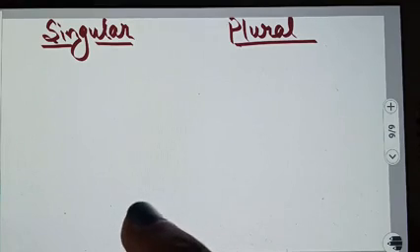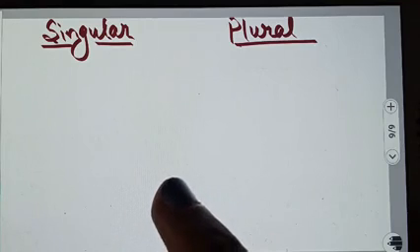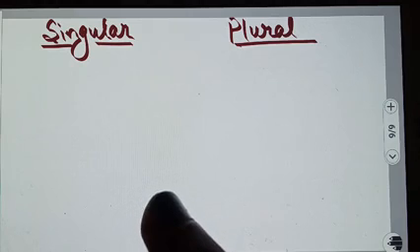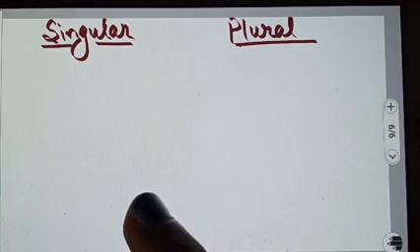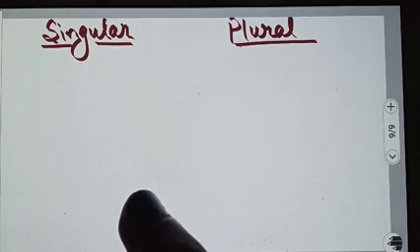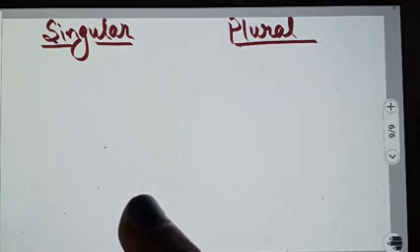So students, a few of the words you will find which you can't convert into plural by using s or es only. And you know what the rules actually related to the spelling are. But still a few words are there in which we have to change the letters also, and not at the end but in between the word.